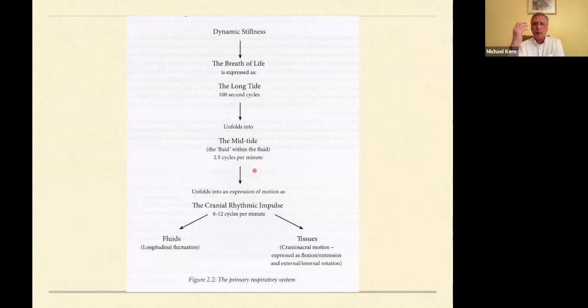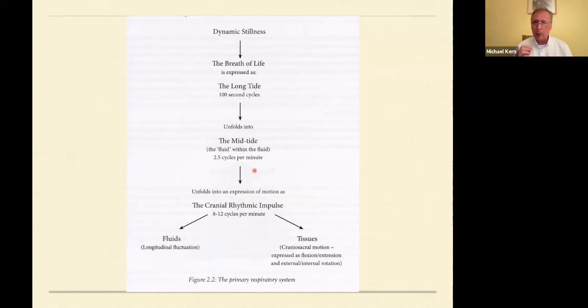So these life forces become expressed within the fluids of all the tissues within the body, generating this movement that we call the mid-tide. So the mid-tide is really an expression of the potencies or forces of the breath of life as they become embodied at an individual level.